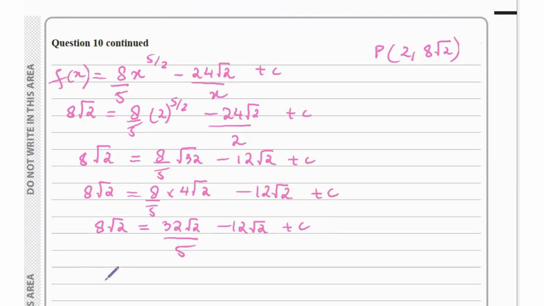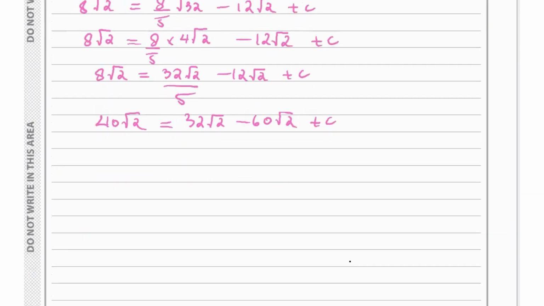Multiply everything with 5 to get rid of the fraction. So 40 root 2 equals 32 root 2 minus 60 root 2 plus 5c, which is going to be 40 root 2 plus 28 root 2.